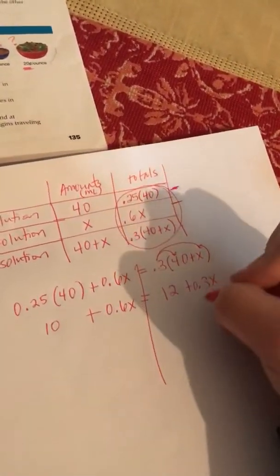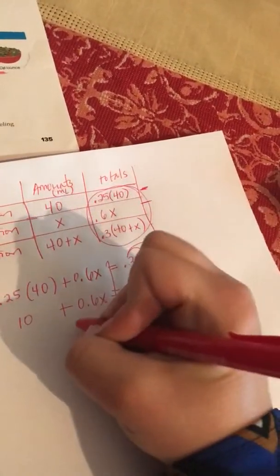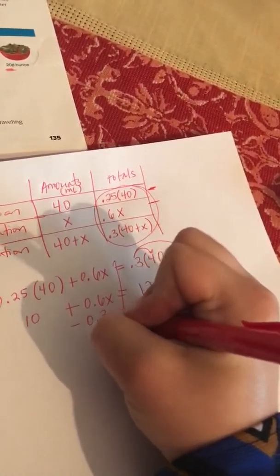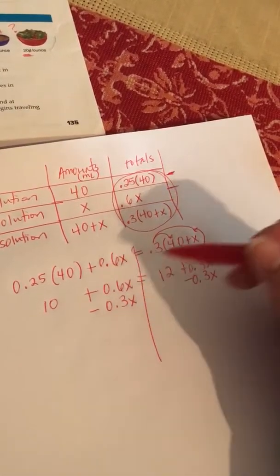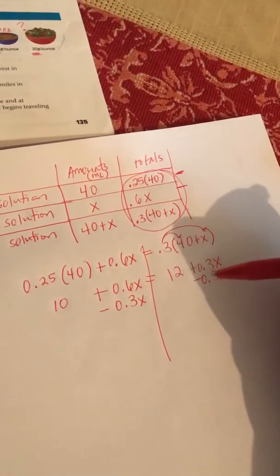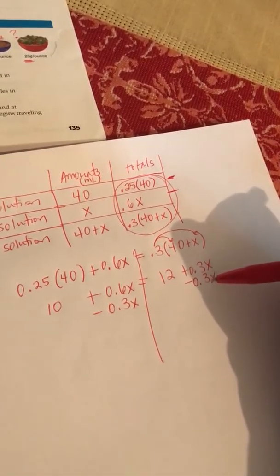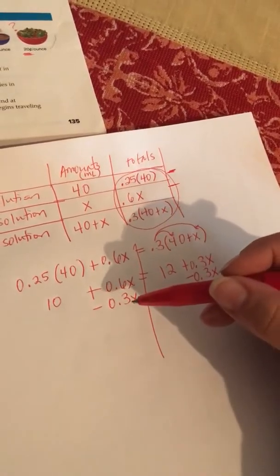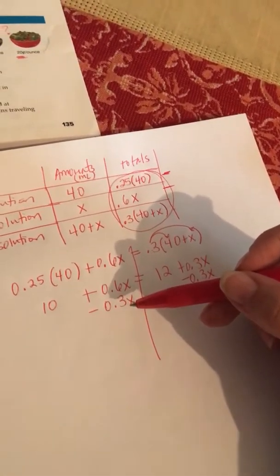Okay, so I'm going to start out by just moving the 0.3x to the other side. And to move something across the equal sign, I do the opposite. So I want to get rid of it or make it equal 0. So I'm going to take 0.3x and subtract 0.3x. And whatever I do on one side, I have to do on the other side the same way.